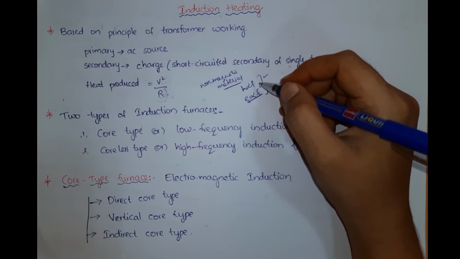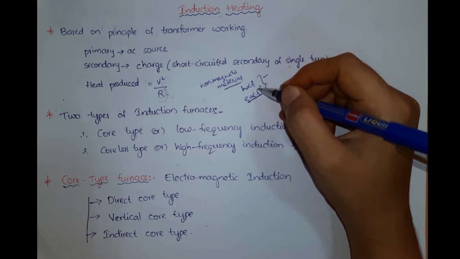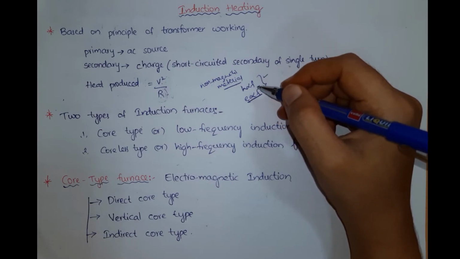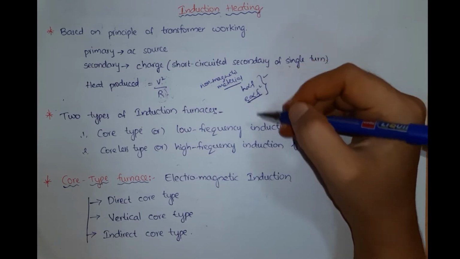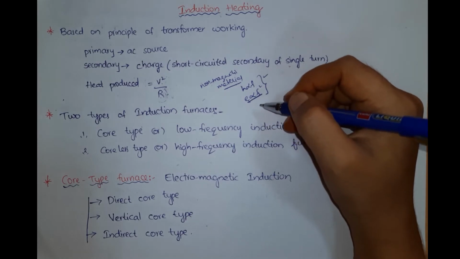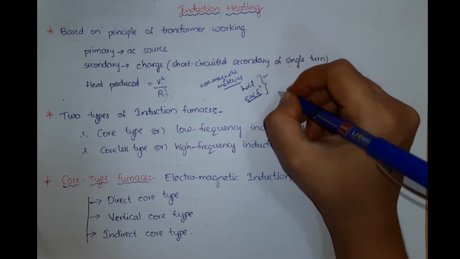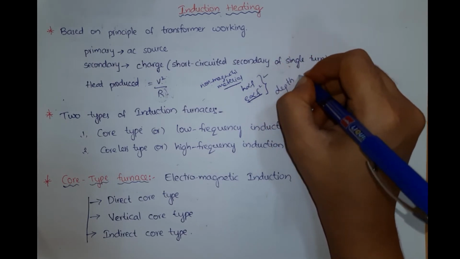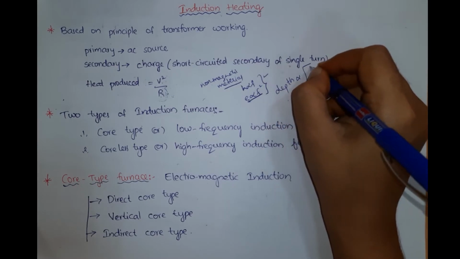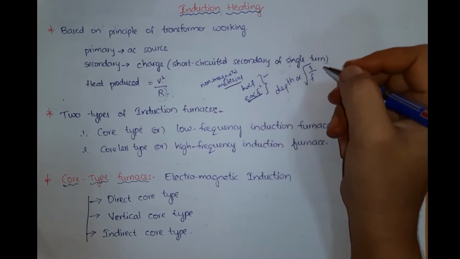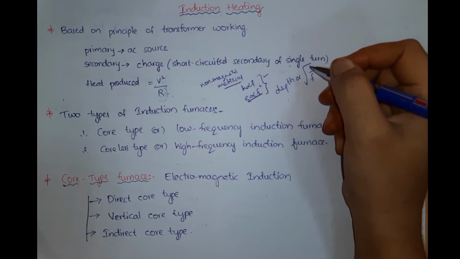It has been observed that the higher the supply frequency, the lower is the depth of penetration. Depth of penetration is inversely proportional to the supply frequency. So it comes like depth is proportional to the square root of 1 by f up to a certain extent, right?